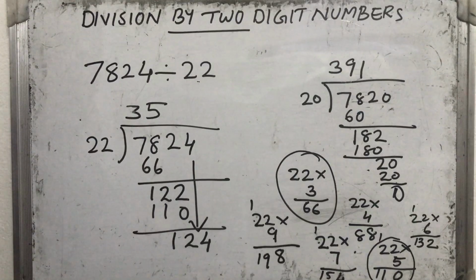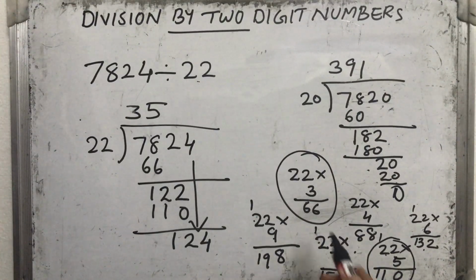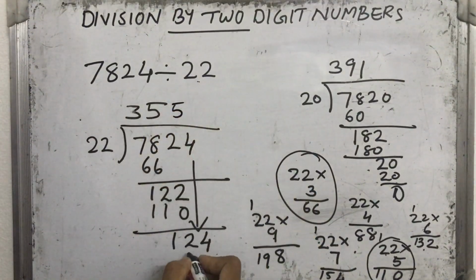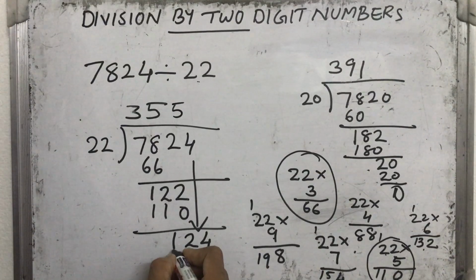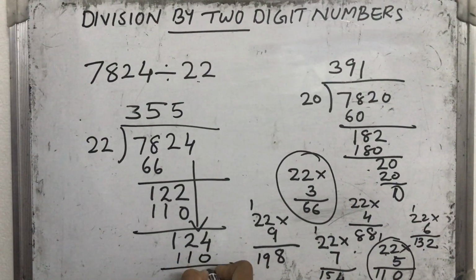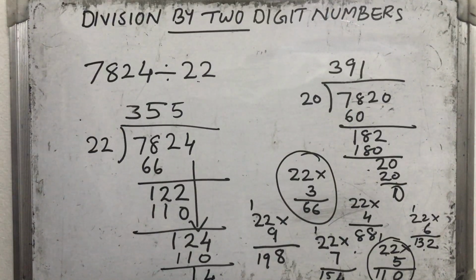From this multiplication we can find out what the answer will be. 22 into 5 we got 110. 22 into 6, 132. So here also which number will you take? 5. So 5 into 22, 110. Then subtract: 4 minus 0, 4. 2 minus 1, 1. Okay, that is the remainder.